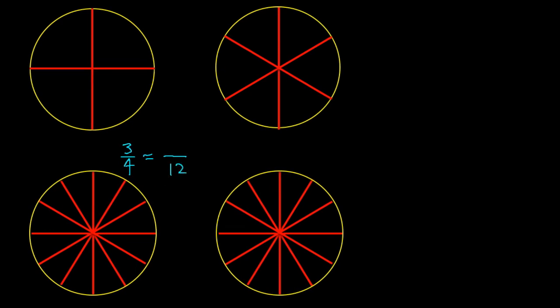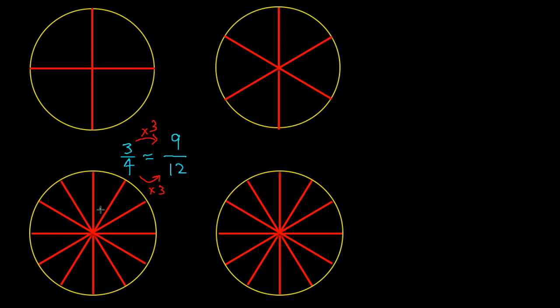Well, when I look at this, I say the 4 can be converted to a 12 by multiplication of 3. Well, I will do the same to the numerator. I'll multiply by 3. And that leaves me with 9 over 12.